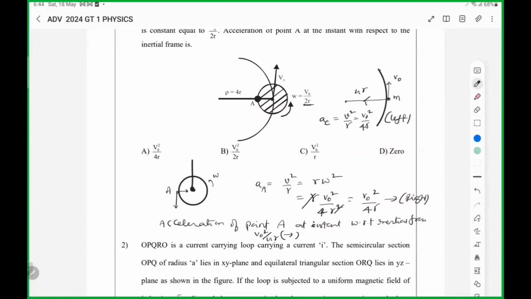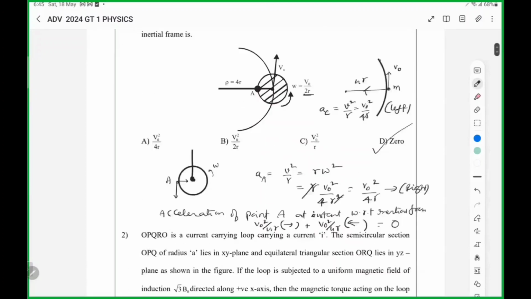Other is, it is at the same time moving in a radius 4r. Because of that, acceleration will be towards left, v naught squared by 4r towards left. So the net acceleration will be 0. Fourth option is correct.